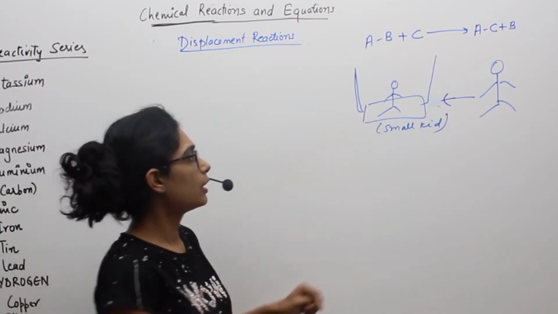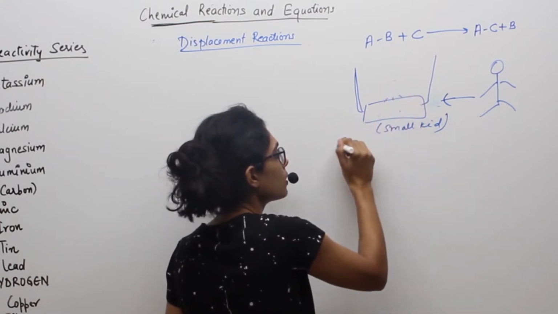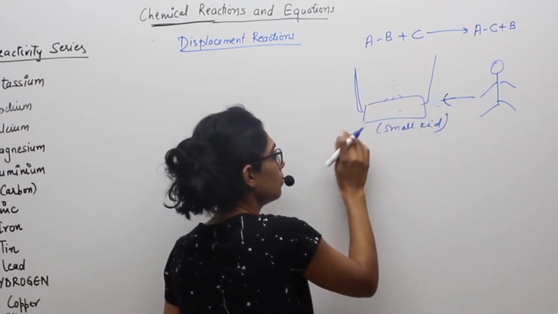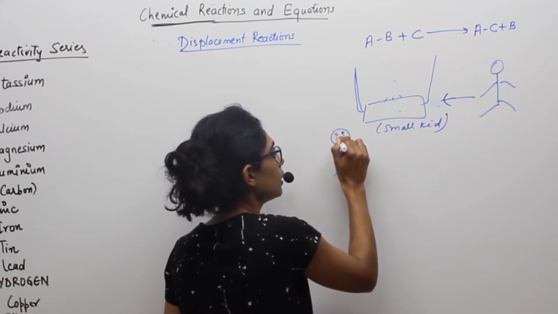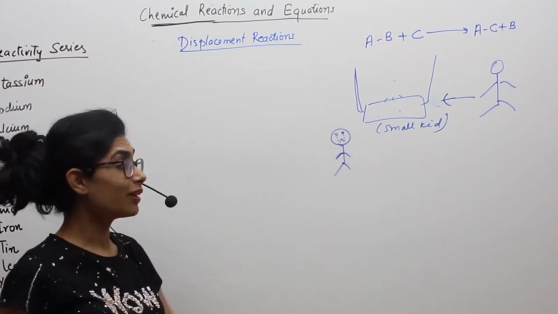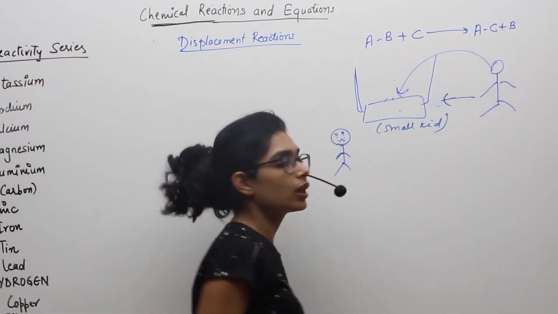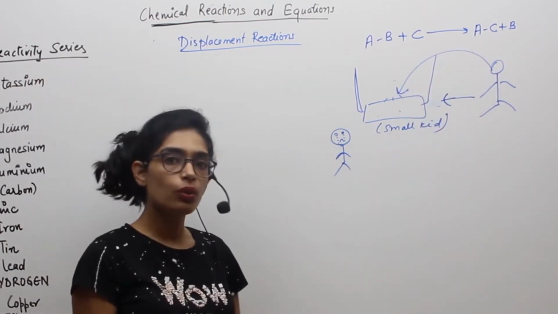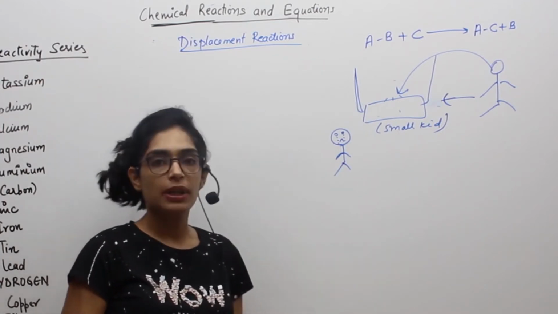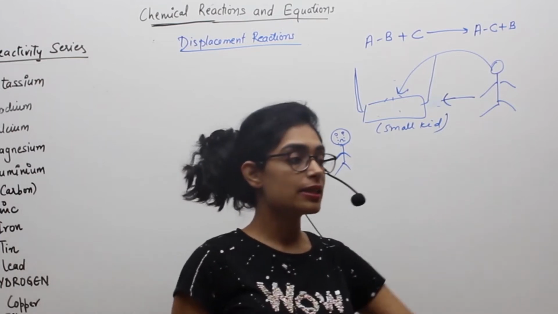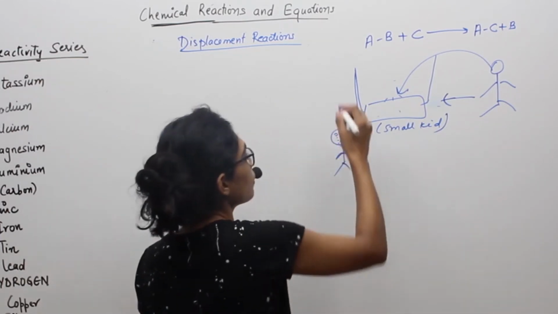That other kid will just stand up, go crying to his mother, but he won't be able to do anything apart from that. So he'll cry, he'll go to his mother, and this big bulky boy will come and sit over here. So what do we need if we want to displace something? The other substance which is going to displace the previous species should be strong. The same thing is happening over here.